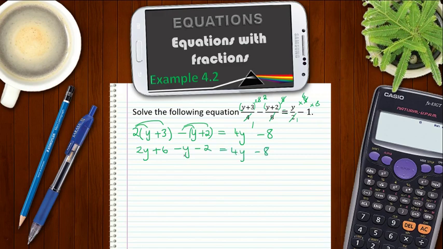Bring all your variables to the left hand side, so it's 2y minus y minus 4y equal to minus 8. 6 goes over, becomes minus 6. 2 goes over, becomes plus 2. And add your like terms. So 2 minus 1 is 1, minus another 4 is negative 3y, equal to minus 8 minus another 6 is negative 14. Negative 14 plus 2 is negative 12. Okay, divide both sides by negative 3. Then y is equal to 4.